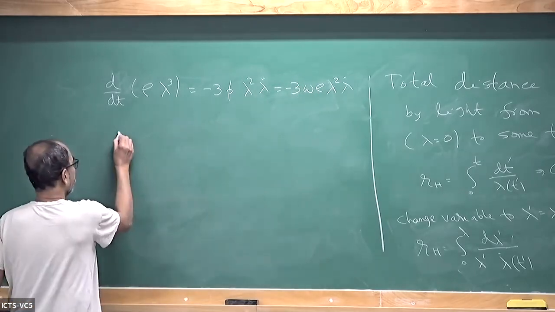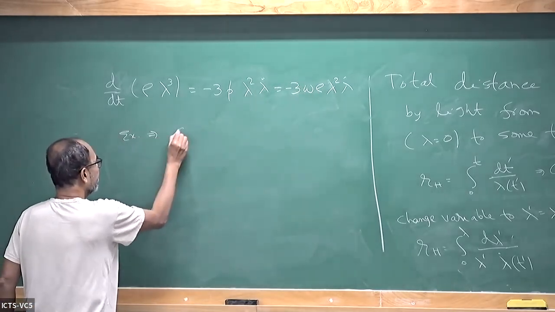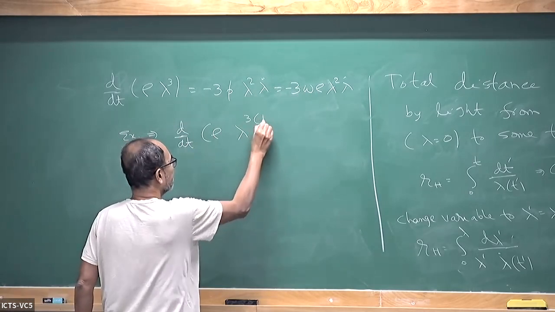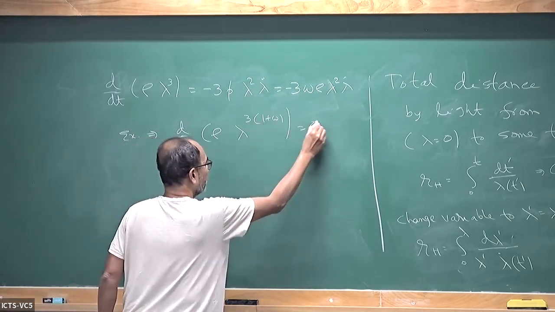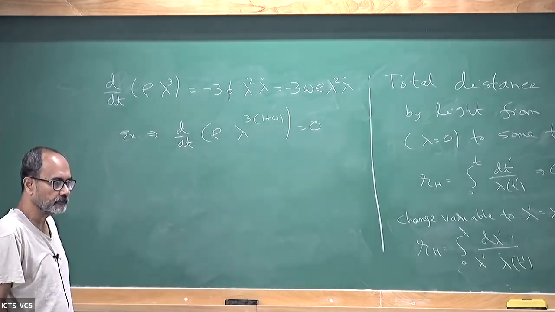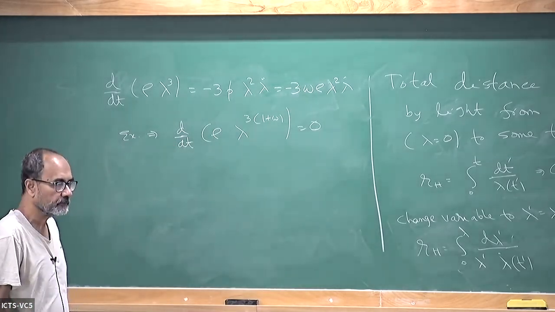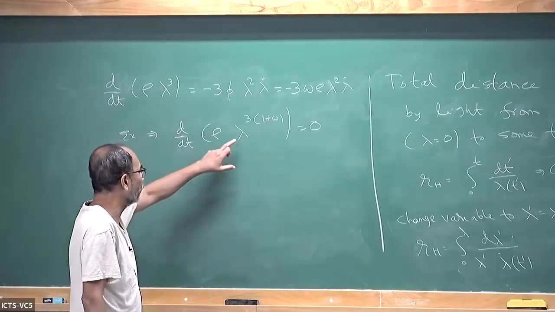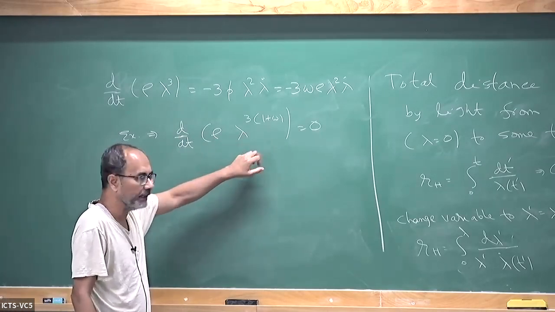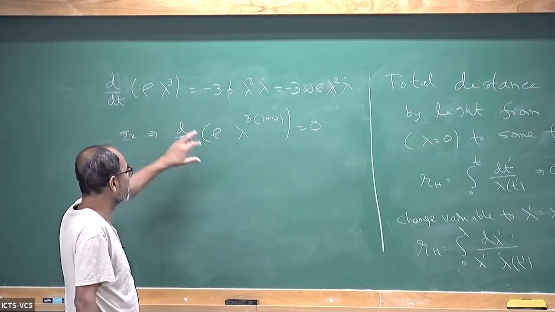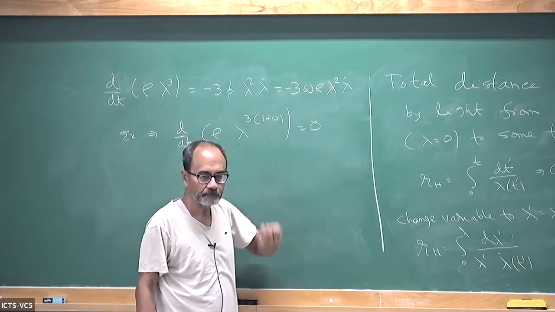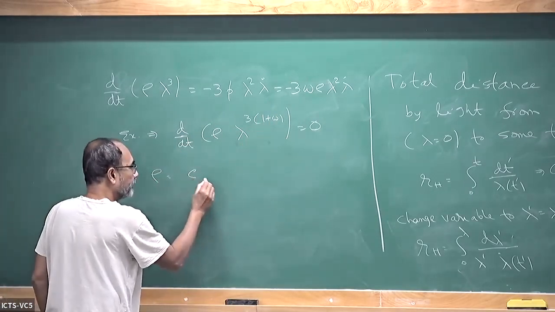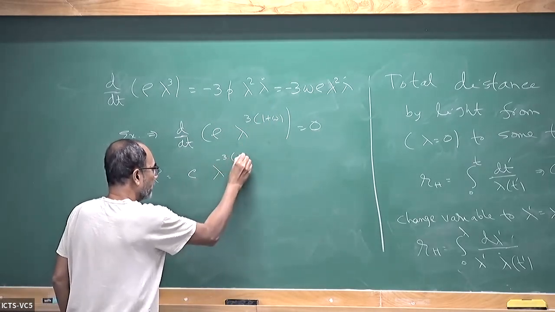And it's a simple exercise to check this implies that d/dt of rho times lambda to the 3(1+w) equals 0. So rho lambda cube times lambda to the 3w: when you differentiate rho lambda cube, you get this term, and when you differentiate lambda to the 3w, you get this term. So this tells us rho should fall off as some constant times lambda to the minus 3 times (1+w).